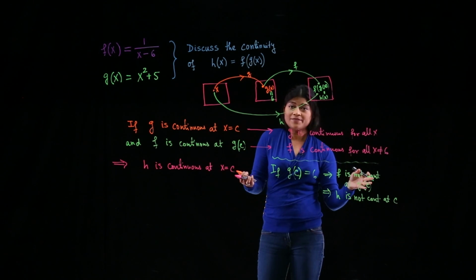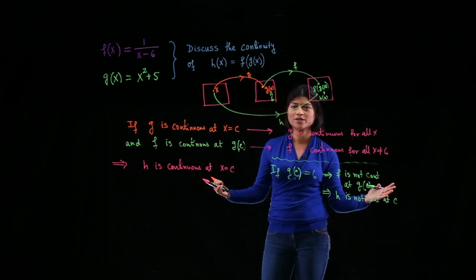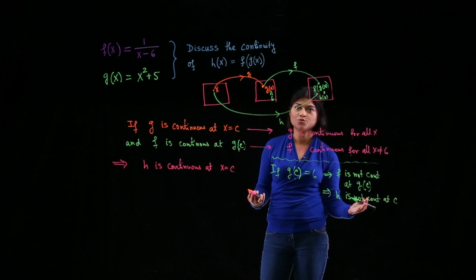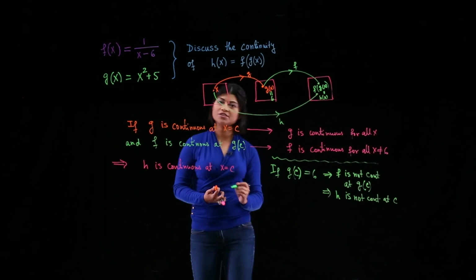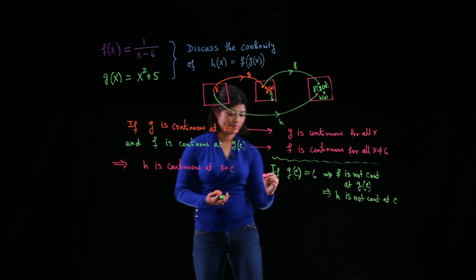Every other place, it's fine. Everywhere else, when the value is not equal to 6, everything works fine. That one place is where h will not be continuous. So we have to just figure out when g of c equals 6.